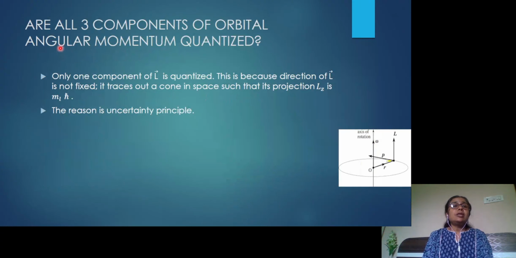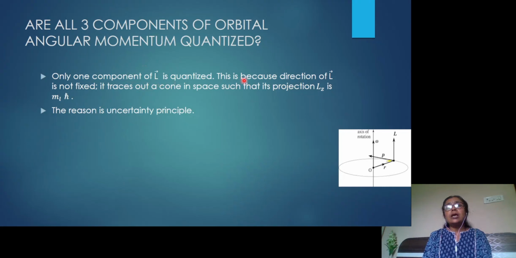So now the question arises, are all three components of orbital angular momentum quantized? Means along with Lz, can we say that Lx and Ly are also simultaneously quantized? The answer is no. Only one component of L bar is quantized.